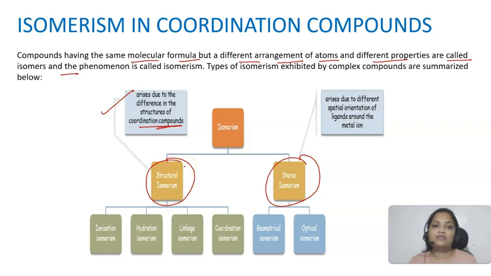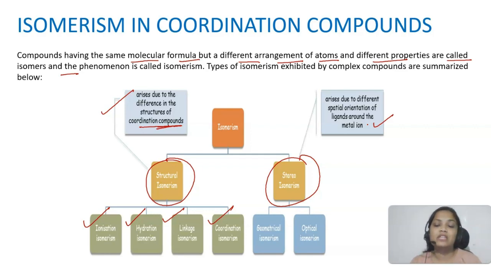In that we study ionization isomerism, hydration isomerism, linkage isomerism and coordination isomerism. Then stereoisomerism is again very important, which arises due to different spatial orientation of ligands around the atom, that is, how in space the ligands are arranged around the central metal ion.